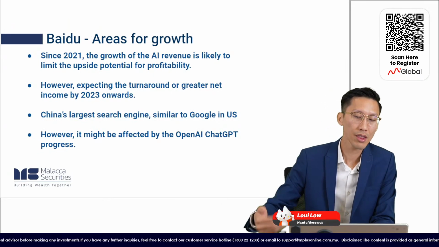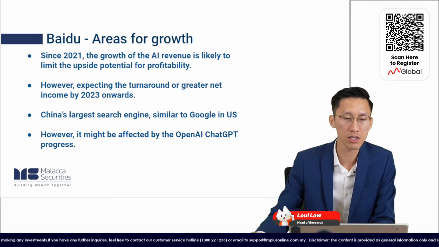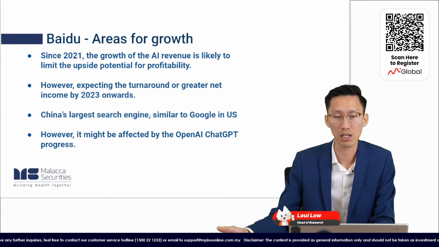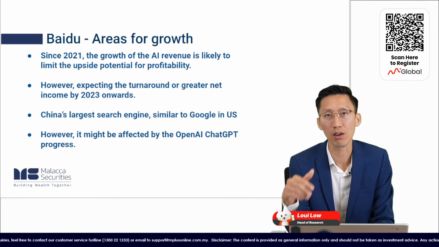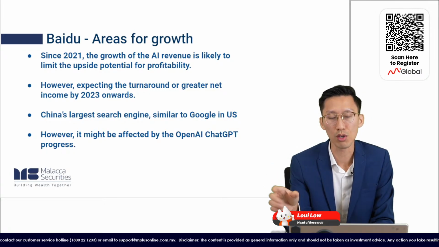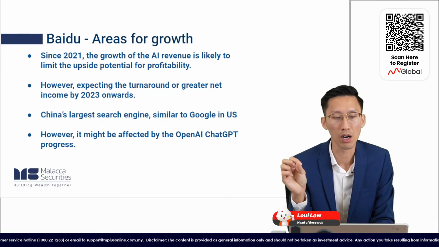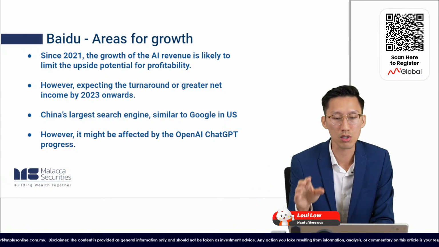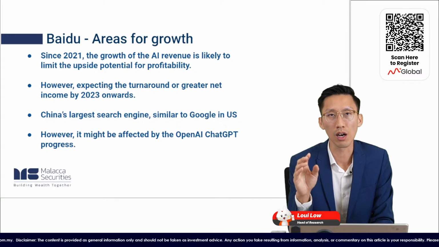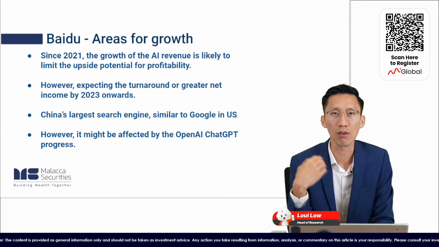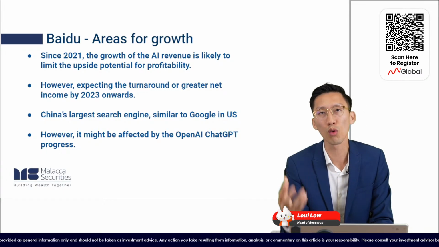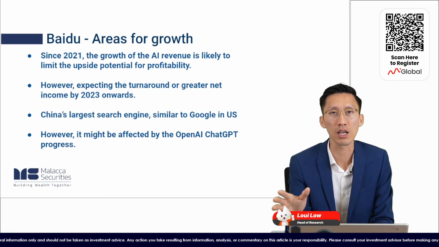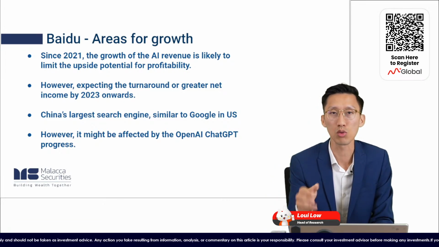My thinking on Baidu is that since 2021, the growth of AI revenue could limit the upside potential for profitability, because when people are rushing into AI, they will do more R&D and marketing expenses, and things like that.